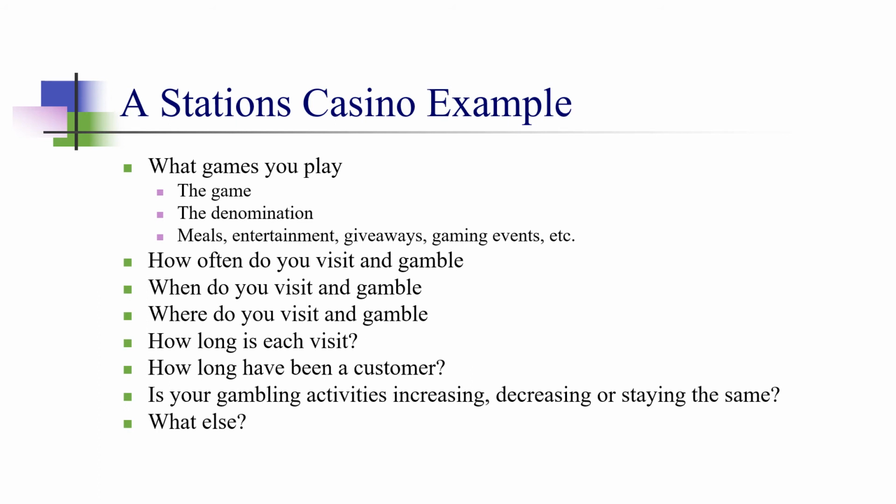But this is all information that would help Stations Casino understand you as a customer with no demographic information and no attitudinal information and no lifestyle information, just based on your behaviors.